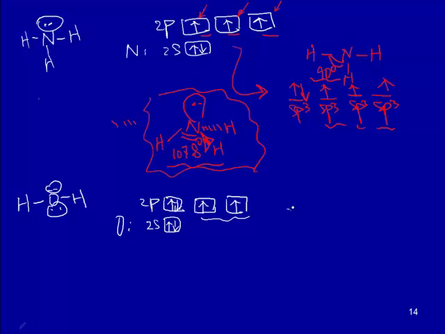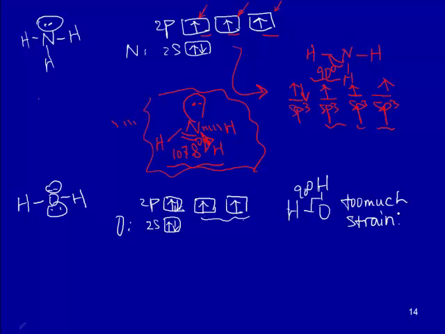However, if that is the case, remember this p orbital is perpendicular to that p orbital. We again will have a molecular shape of 90 degrees. It's too much strain.